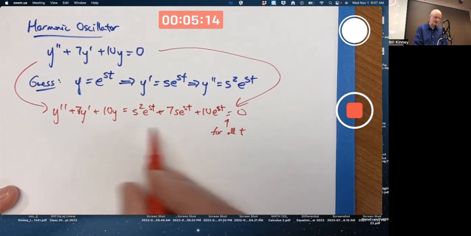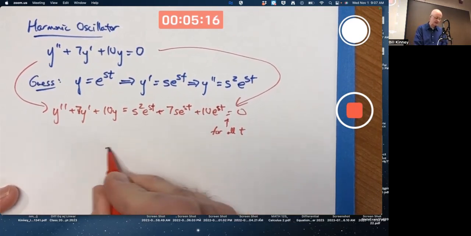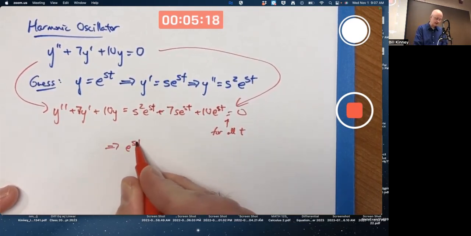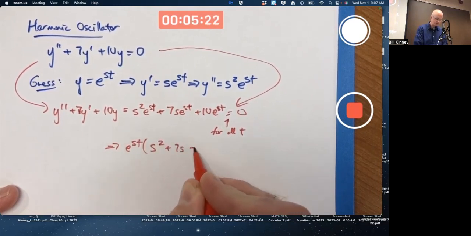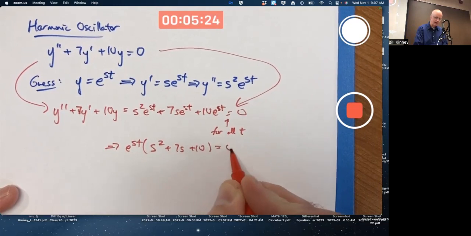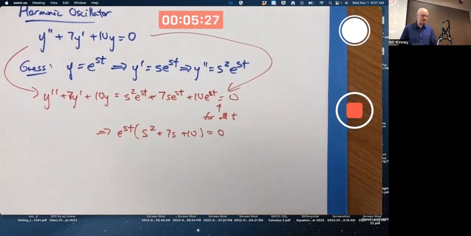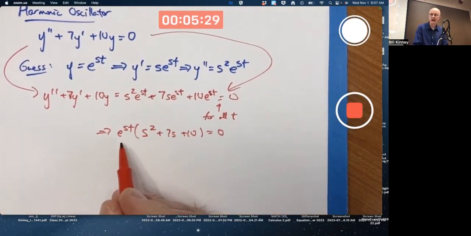Fortunately, each term on the left side has a factor of e to the st that can be factored out. And also, fortunately, this can now be ignored, because e to the st is never 0.